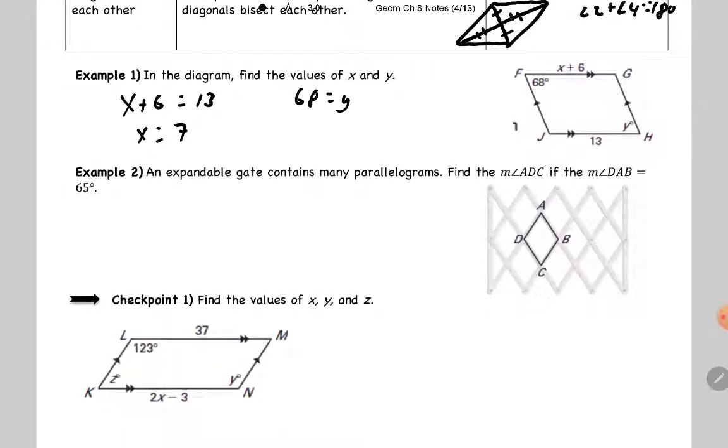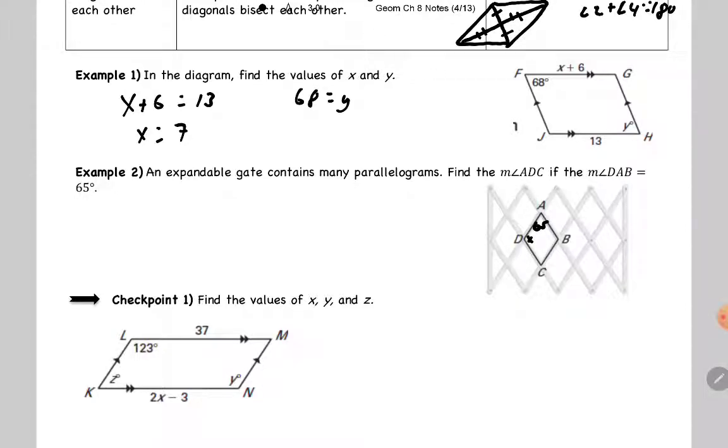Example 2. An expandable gate contains many parallelograms. Find the measure of angle ADC if the measure of angle DAB is 65. So they're saying DAB is 65 here, and we want to know ADC, this one here, x.